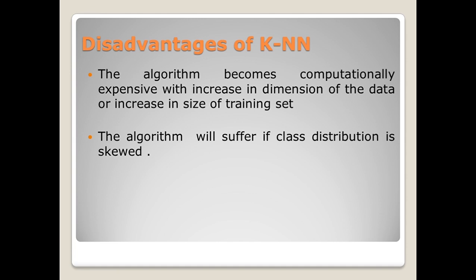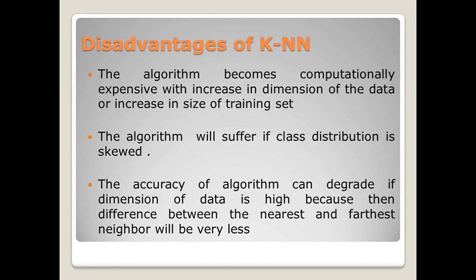It means that if we have classes and one class has the majority of records and another class has few records, then the algorithm will suffer. The accuracy of the algorithm can degrade if the dimension of data is very high, because then the difference between the nearest and the farthest neighbor will be very small.